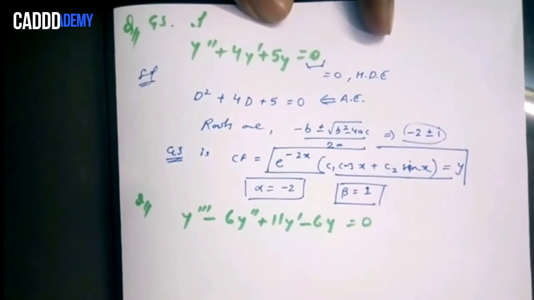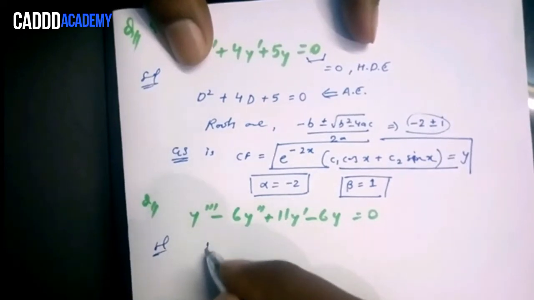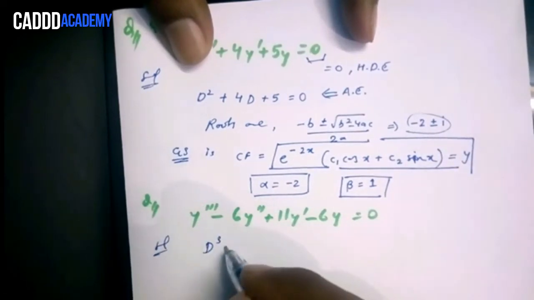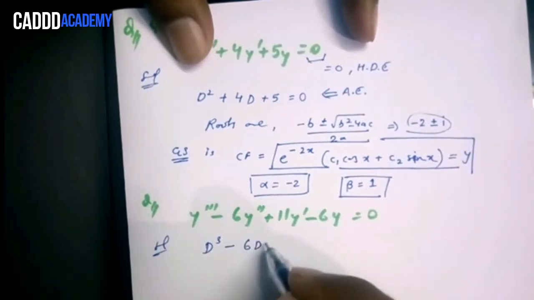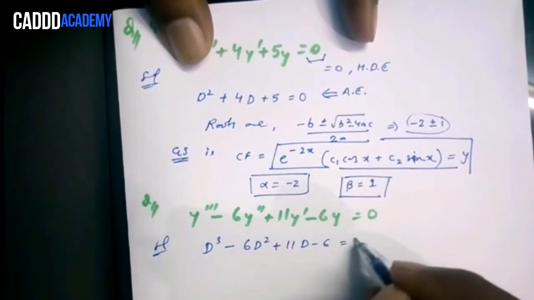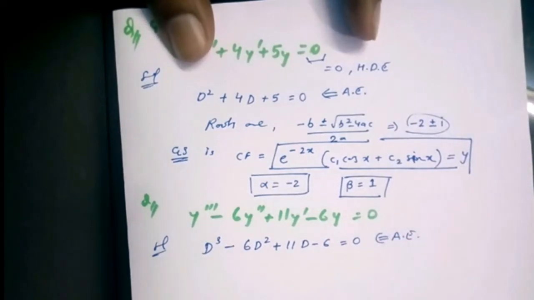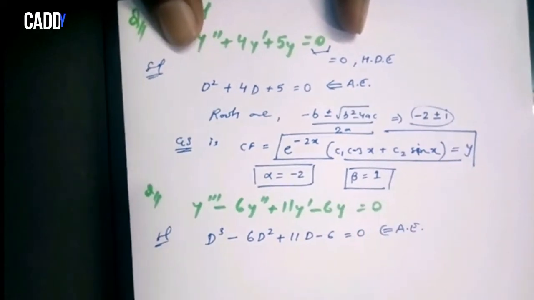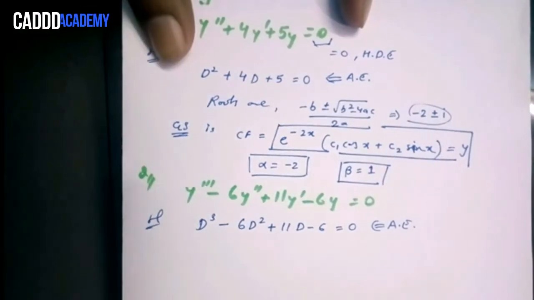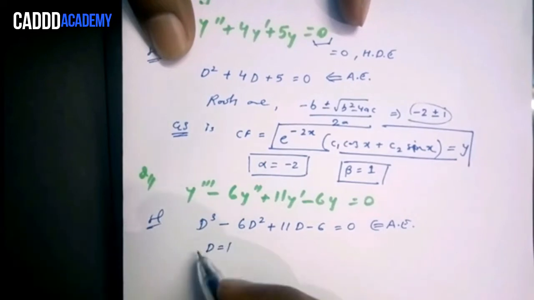So simply as we did before, this is D cubed minus 6D squared plus 11D minus 6 is equal to 0. This is the auxiliary equation. By just seeing this, we can say that D is equal to 1.